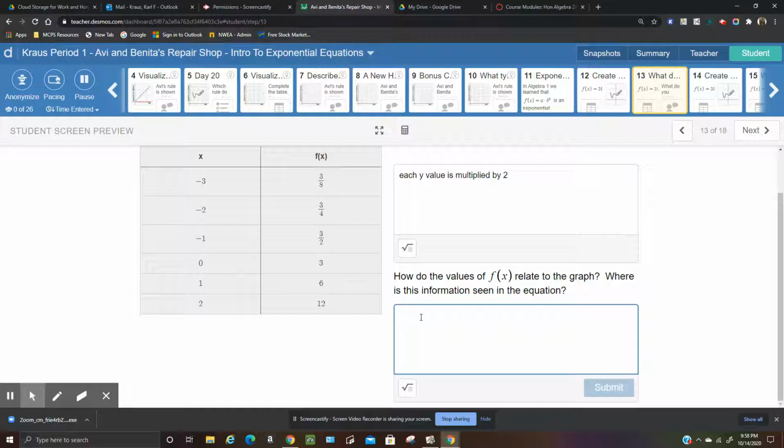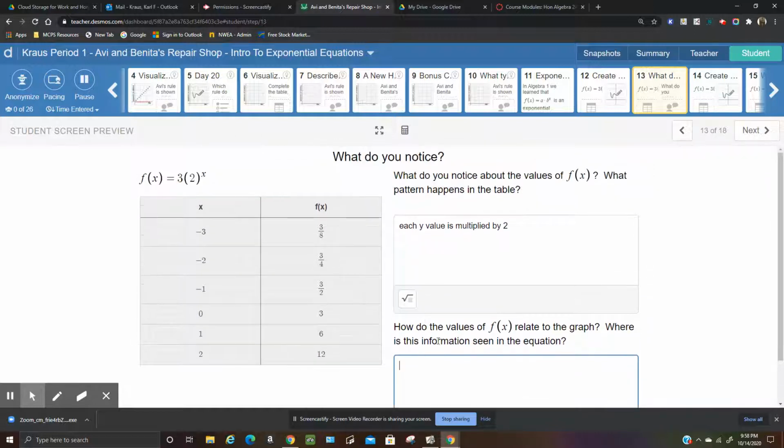So it's actually the b value. So b equal 2, that shows up as the multiplier in the y column.